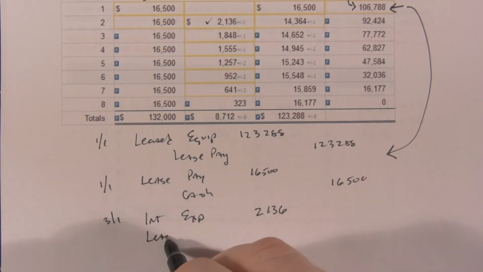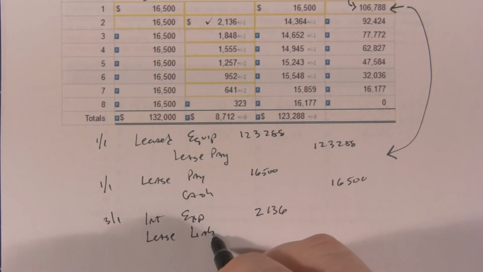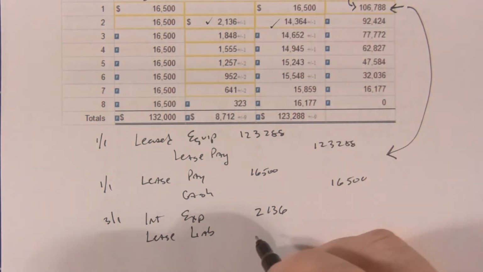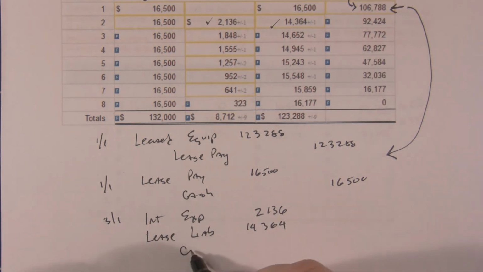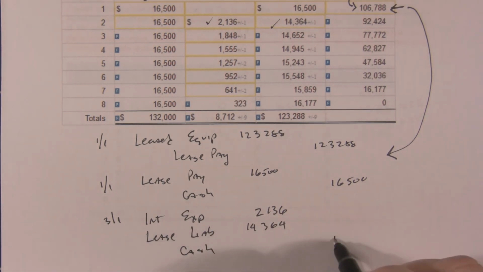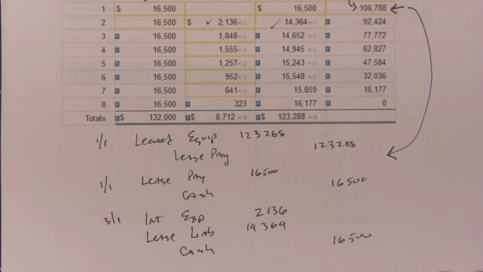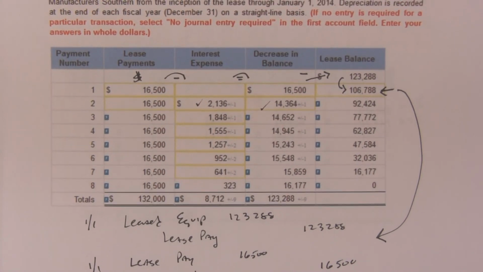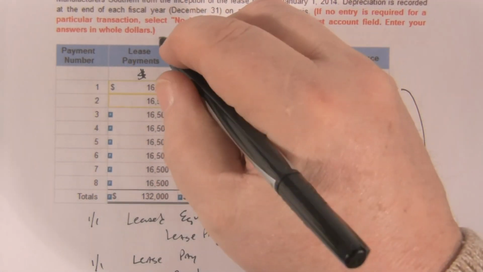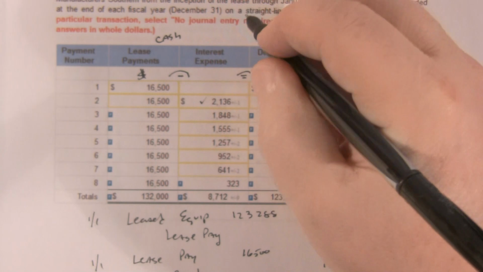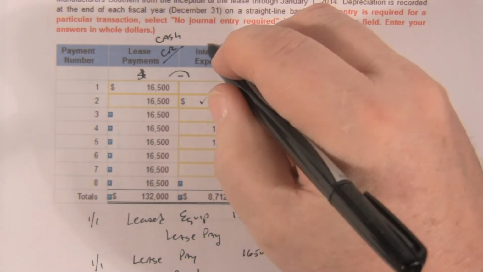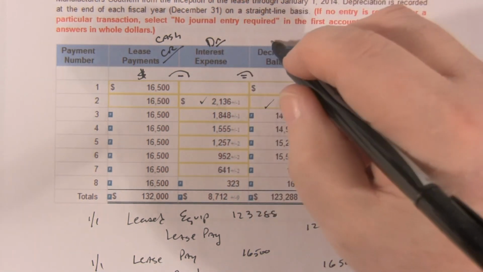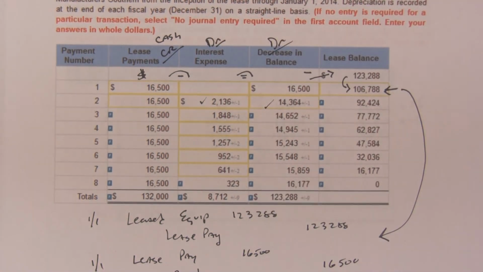We have lease liability, $14,364. Credit to cash, $16,500. And that's going to be the same throughout the life of the lease. Every period, we're going to credit cash, and we're going to debit interest expense and debit lease liability.